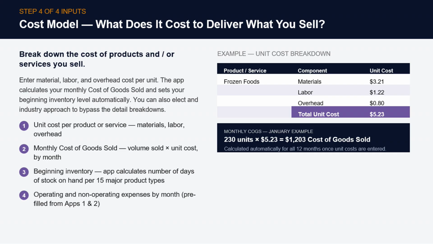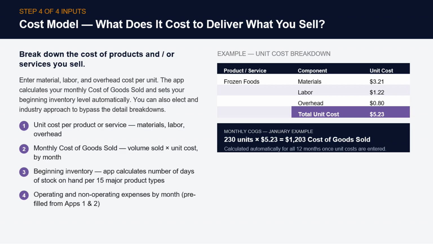And you actually have 15 different major product types. So instead of just calculating the inventory level, let's just say based on 30 or 45 days, it has 15 different choices. And there's a range, and it defaults to the midpoint in the range. But again, you get to select how many days of inventory you want to have on hand, because if you have perishable food, it's going to be a lot shorter than furniture and fixtures.